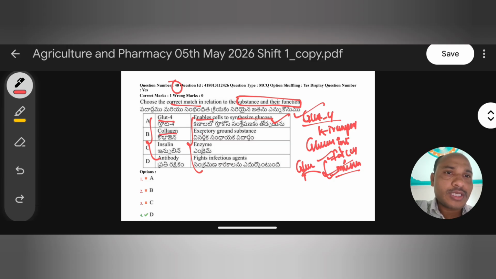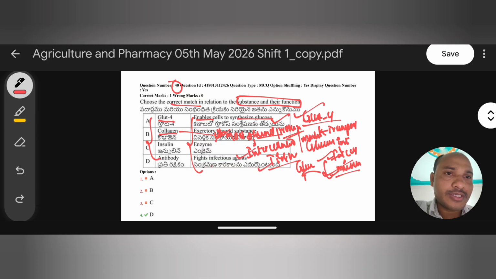Coming to collagen is excretory ground substance. No, collagen is not an excretory product. Why? Because collagen is the most abundant protein in the world, and it is mainly present in intercellular ground tissues, the matrix of tissues.